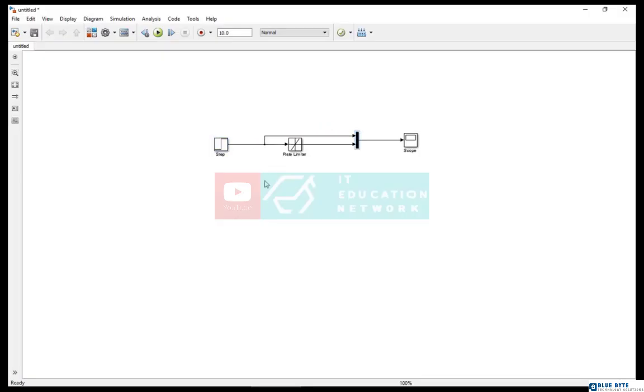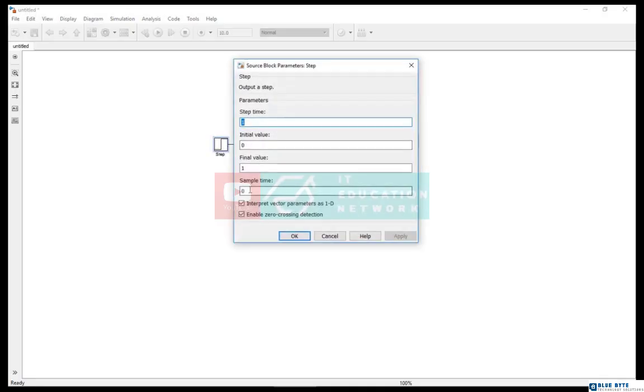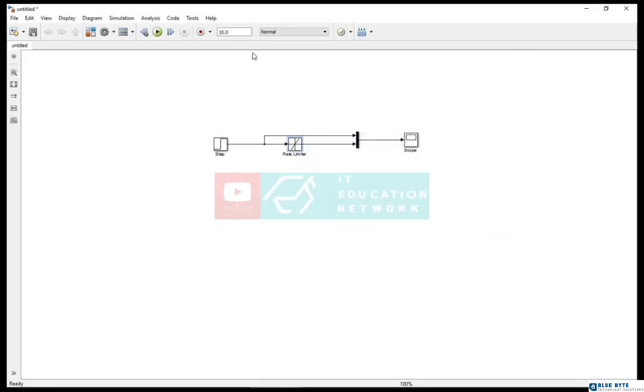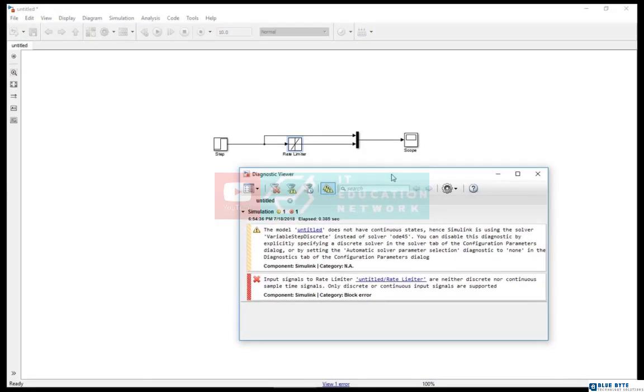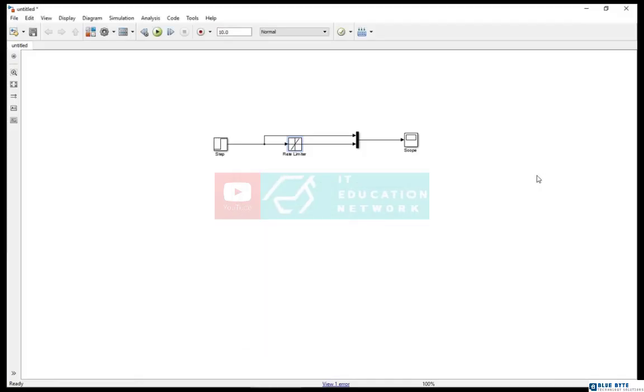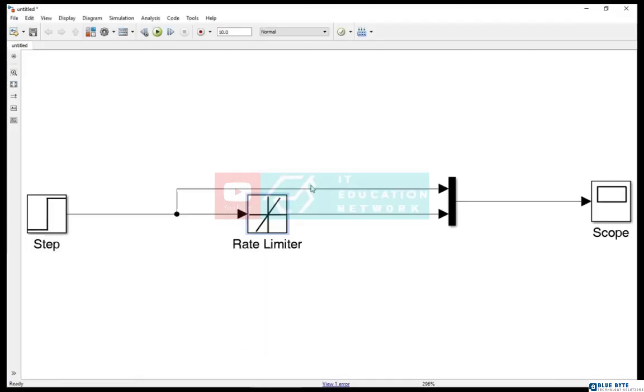Connect it here. I put it on default mode. Here we have an error. As you can see, it says that our input signals to rate limiter are neither discrete or continuous.